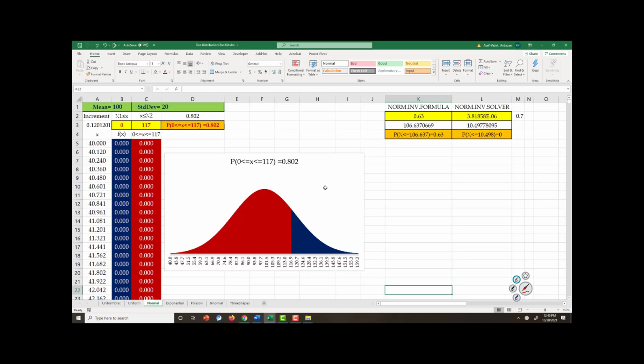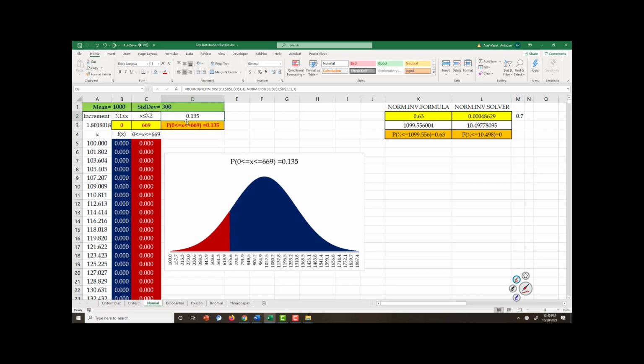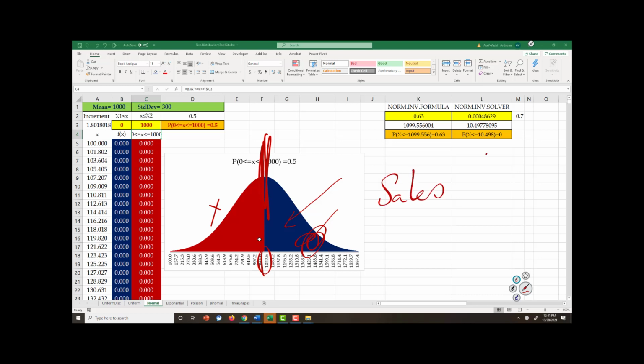Don't forget, if demand has an average of 1,000 with the standard deviation of 300, and if we do have 1,000 units, when demand is greater than 1,000, we cannot satisfy it. We can only satisfy 1,000. If demand is less than 1,000, we can satisfy it. The average of sales will be always less than average demand.